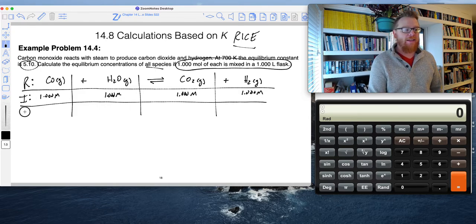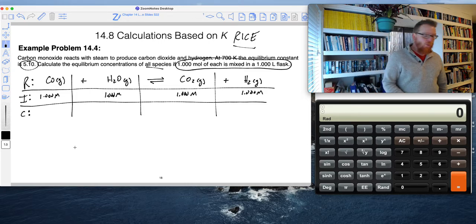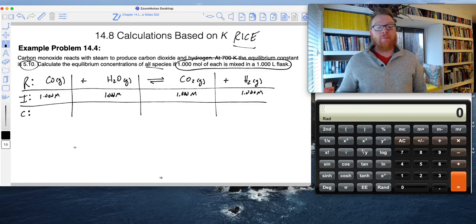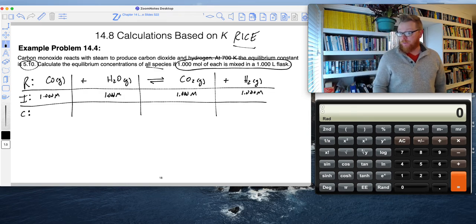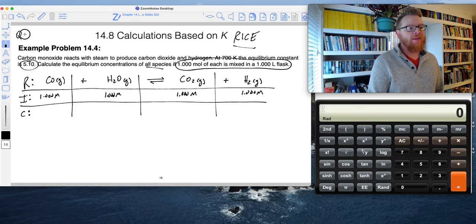Now we need the C, which is the change. We're going to determine the change by calculating Q, the reaction quotient. I'll write that up here. That's products divided by reactants, so CO2 times H2, all divided by CO times H2O.